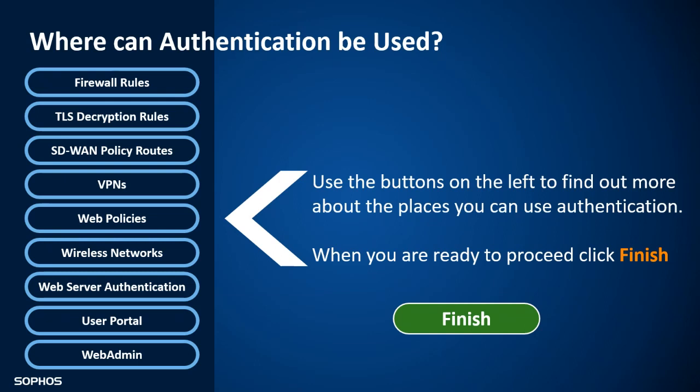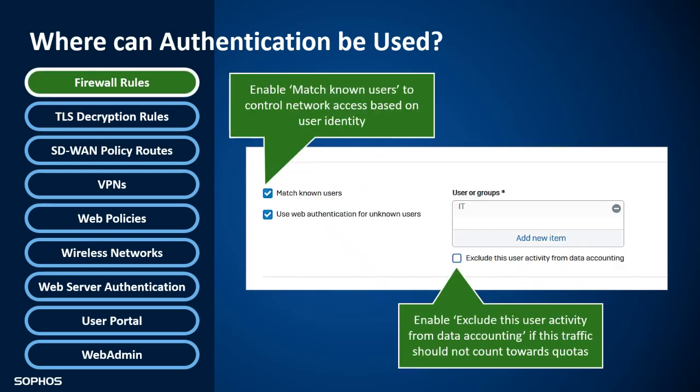Here, if we use the buttons on the left, we will find more about the places where you can use authentication. Within firewall rules, you can enable the option to match known users, and you can select the users and groups that you want to match on.